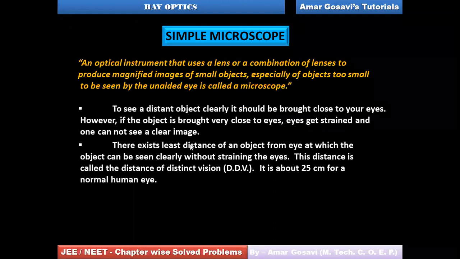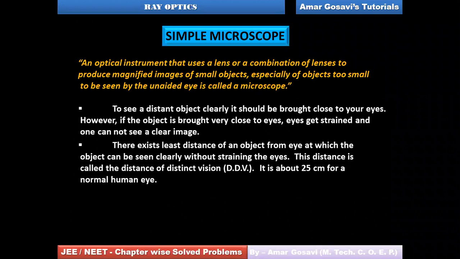It's the least distance of an object from the eye such that when we view it, we can view it without straining the eye. This particular distance won't strain our eye. Therefore, people say keep the books at a distance of distinct vision, 25 centimeters away from your eye, so that it does not strain your eye. We need to understand this.